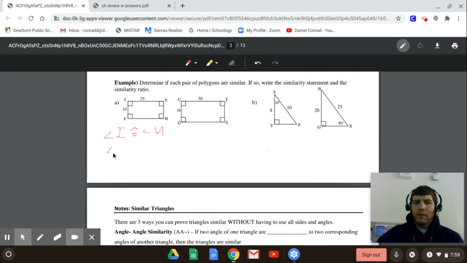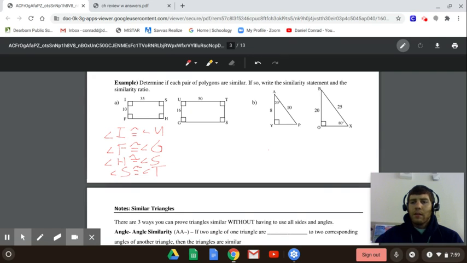Angle F here is going to correspond with angle G, so those are congruent. The same measure. H is going to correspond with S, so those are congruent. And then angle S is going to correspond with angle T in the other figure, so those are congruent. So that's the first set. Corresponding angles between the two figures are congruent.